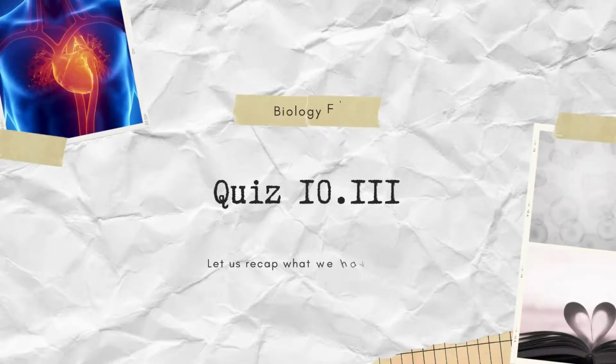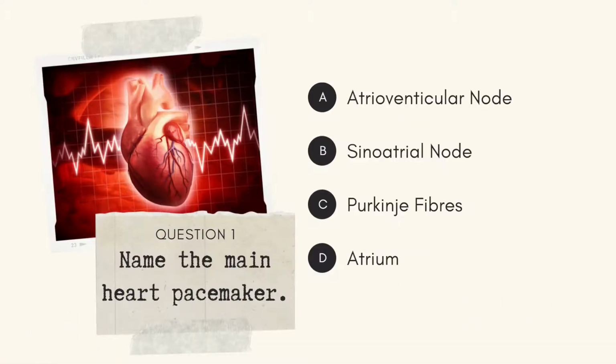Now that I have finished explaining, let us recap what we have learned with this quiz that I have prepared. Question 1. Name the main heart pacemaker. Is it A, atrioventricular node, B, sinoatrial node, C, Purkinje fibers, or D, atrium? I'll give you around 30 seconds to decide your answer.